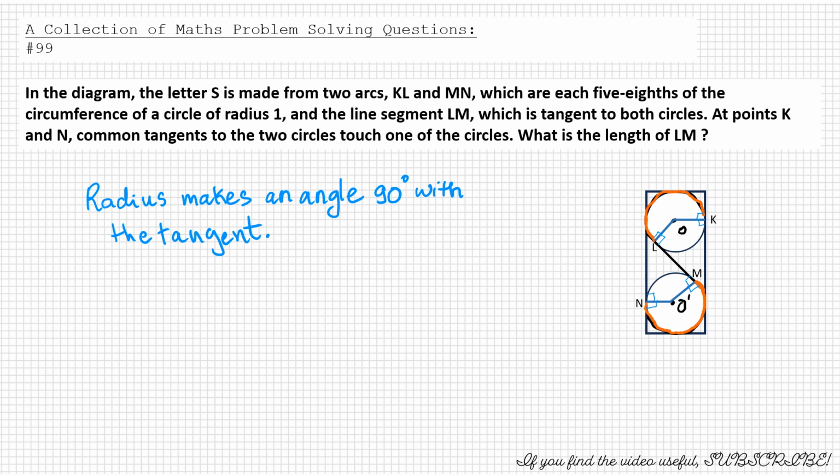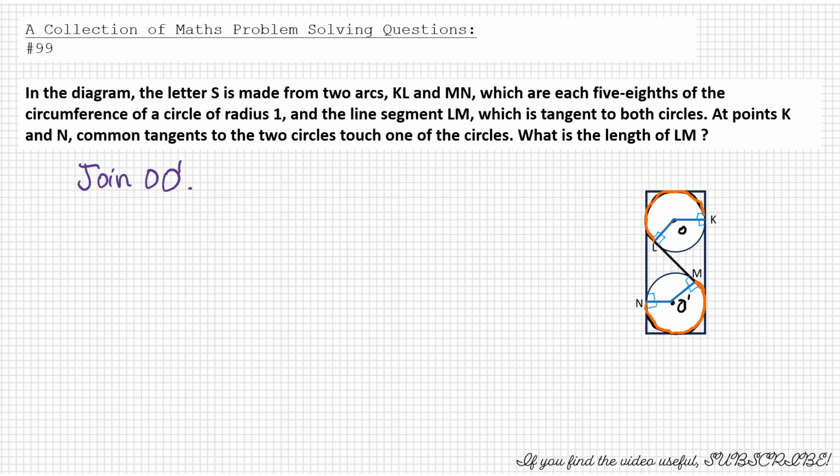So OL makes an angle of 90 degrees with LM, and similarly OK is at 90 degrees with the tangent. O dashed M is at 90 degrees with LM, right?